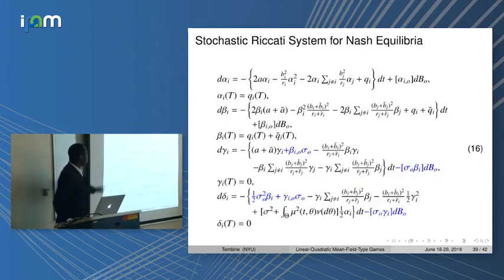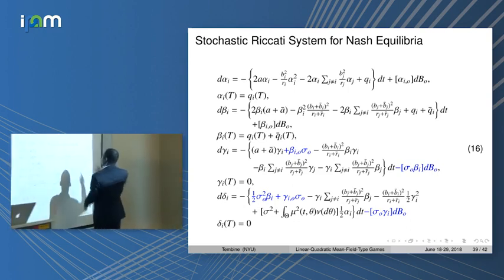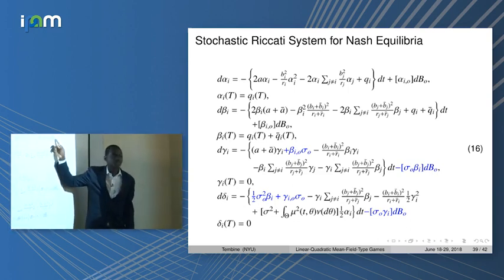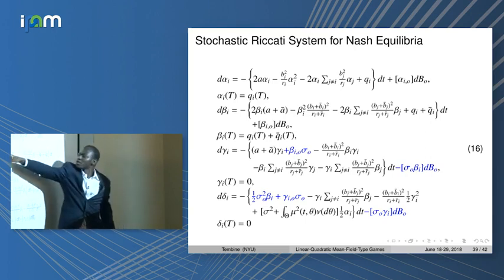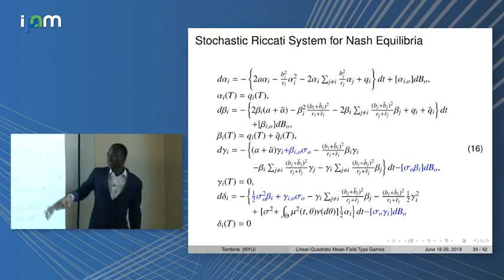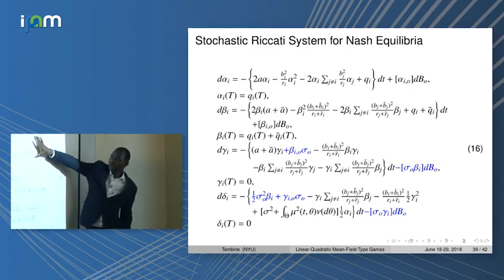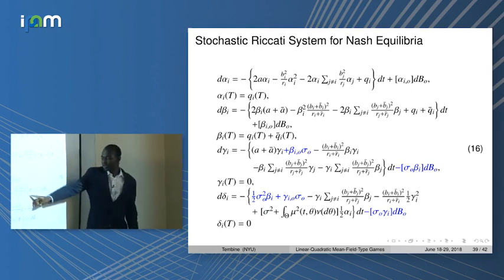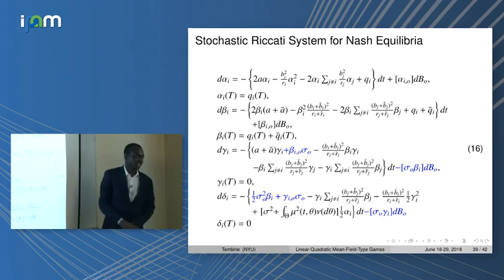The coefficients solve similar equations as before, no change here. It has to be adapted to the filtration generated by B naught. Here, with that terminal condition, you could choose this one to 0. Same thing here, this to 0. So these first two are ODEs, but the other two are really SDEs, because you cannot set this to 0, because beta i is not 0, because beta i solves this ODE.